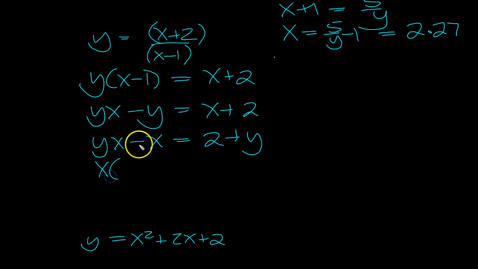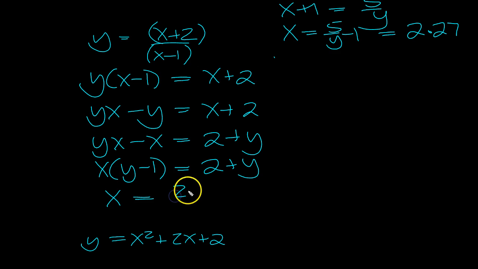Take the x outside a bracket then. We've got x times y minus 1 is equal to 2 plus y, and that tells us what x is. 2 plus y, or we can write that as y plus 2, same thing. Over, and move this to divide y minus 1 underneath. So that's what we get.